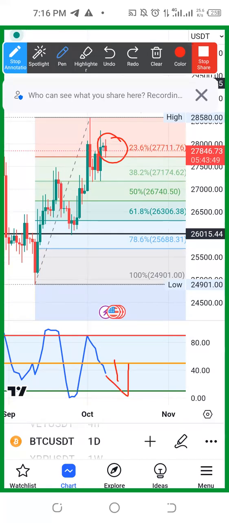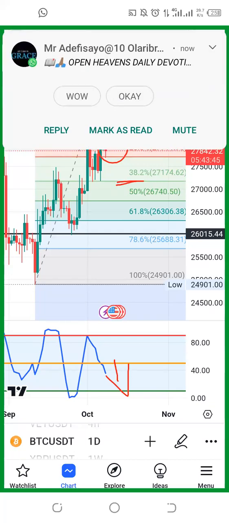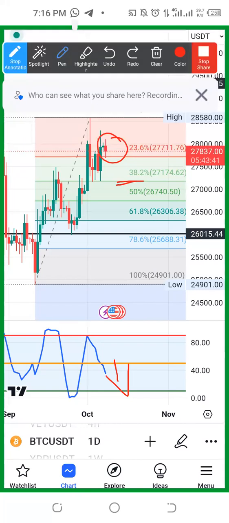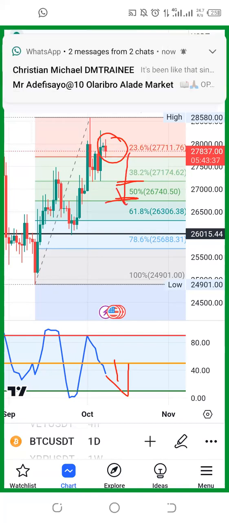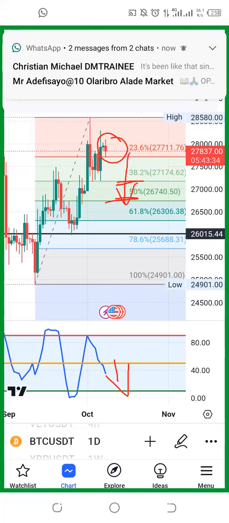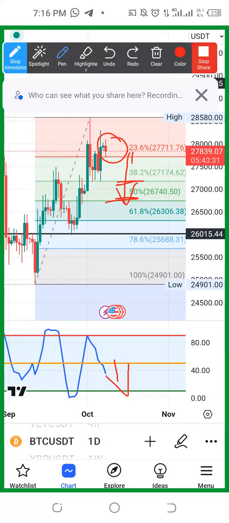Bitcoin might be heading towards 27,174, and it can get to 26. And if it comes down by that amount, the market is going to get red. The market is going to get bloody.